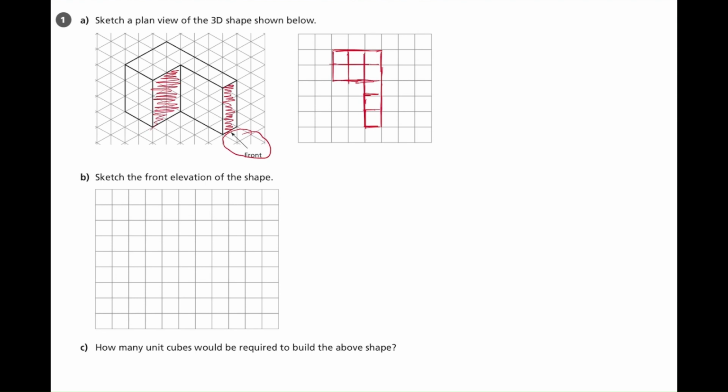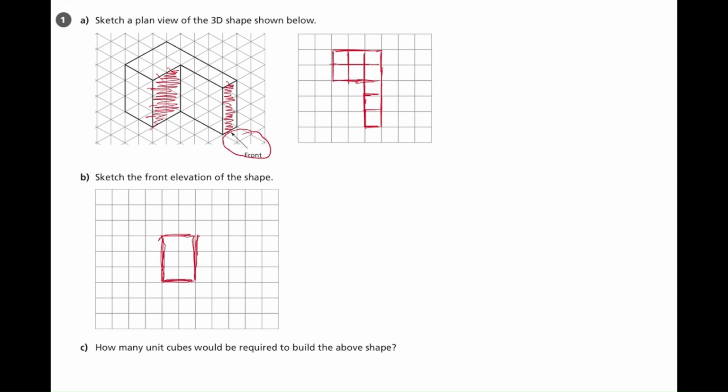So if we take the larger rectangle, it's got a height of 3 and 2 squares across the top. So 2 and a height of 3. The smaller rectangle will look as if it's next to the other rectangle.